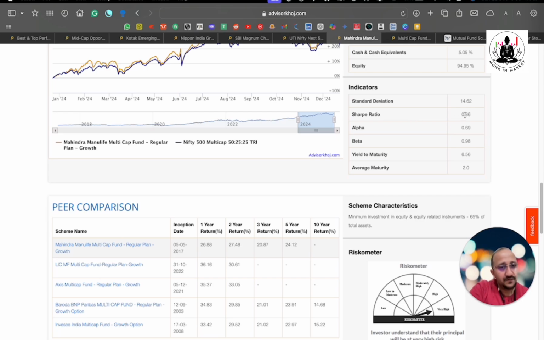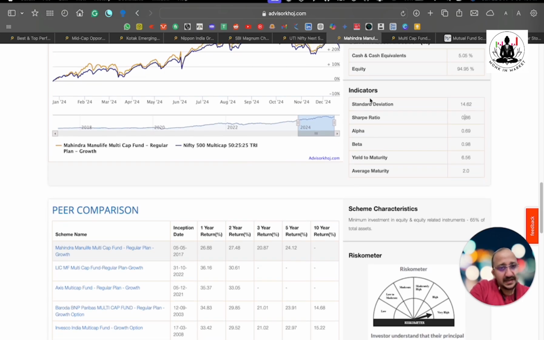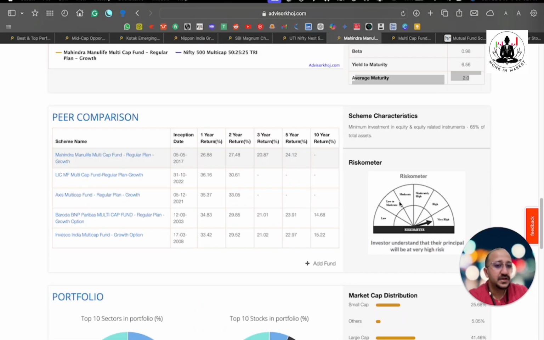If Sharpe ratio is again 1 or more than 1, it is good, guys. So you should be understanding these ratios. Yield to maturity is the return you will be getting, and average maturity means the returns you should be expecting when the maturity is done. I hope this is clear to everyone. So the thing is that this is the riskometer, guys.